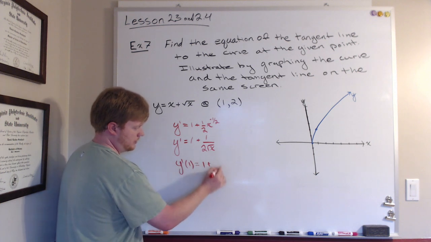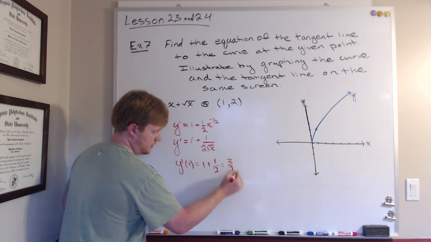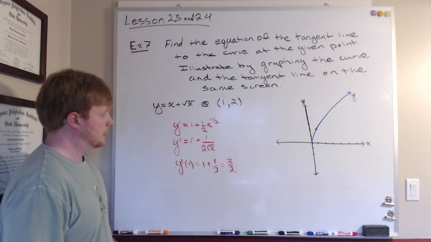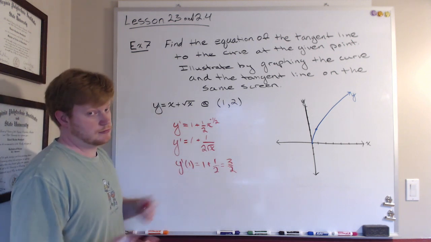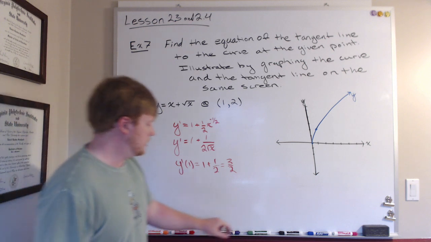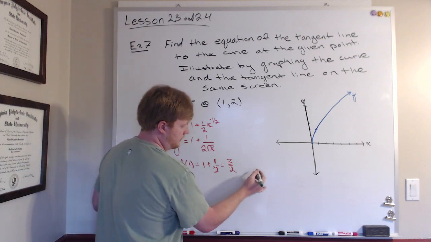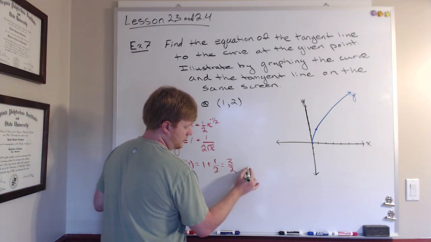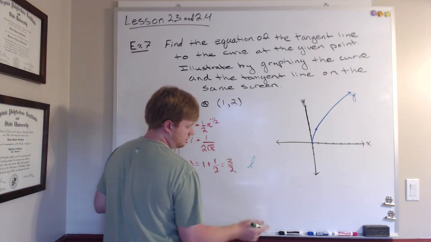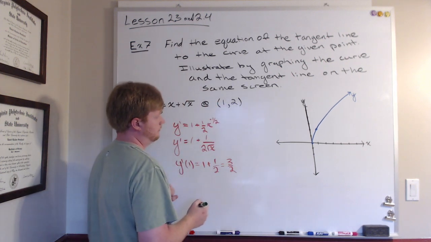It's 1 plus 1/2, or 3/2. Okay. So now that I have my slope and my point, the easiest form of the equation of a line to use would be point slope. Okay. So we'll define another line as L. We won't do that.